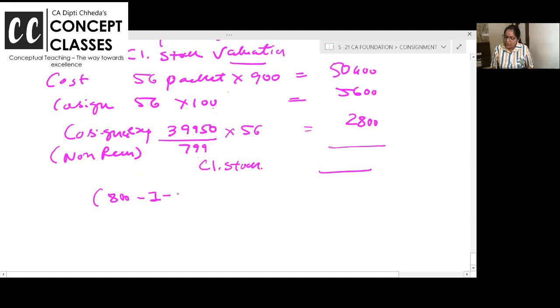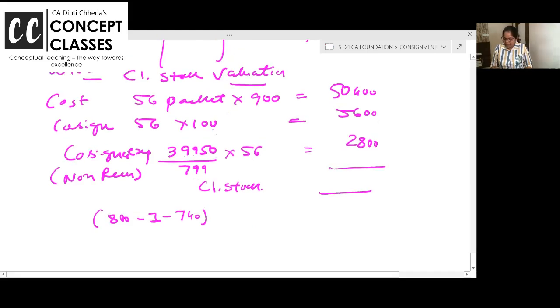One packet was lost. 740 packets are sold. 800 minus 1 minus 740. 59 it is coming. 59. पूरा आंसर चेंज होगा. सिली मिस्टेक के लिए कोई जगह नहीं है. Please do the correction.